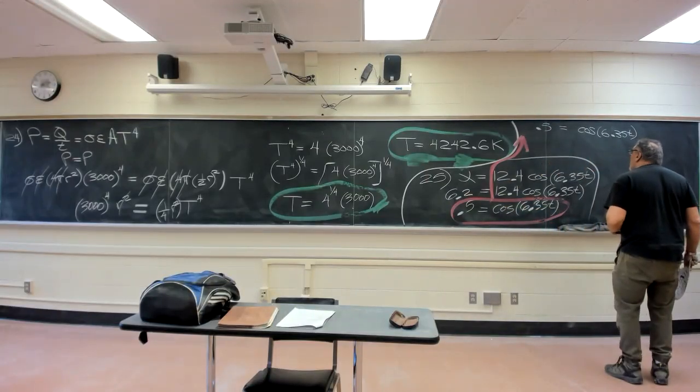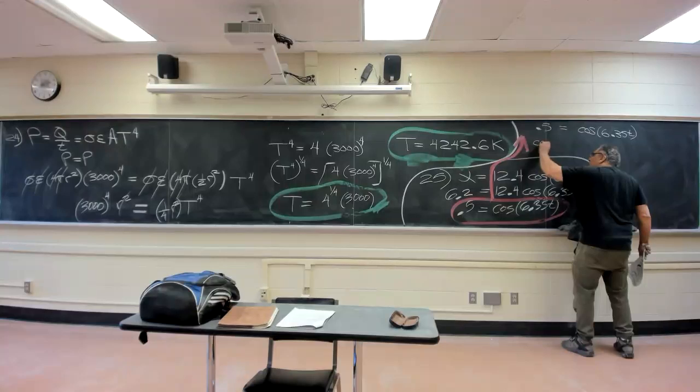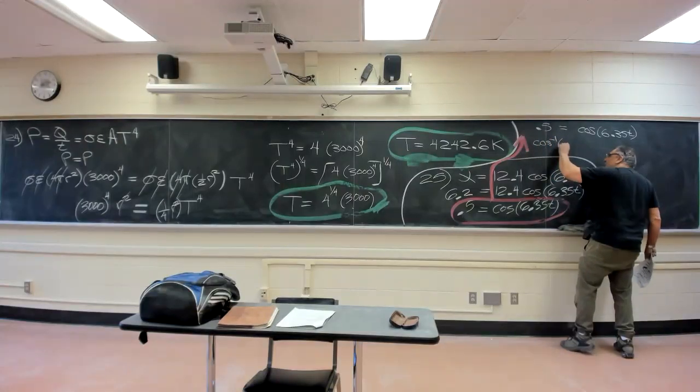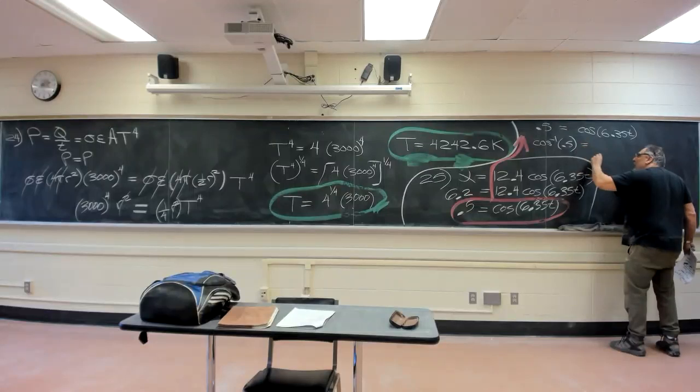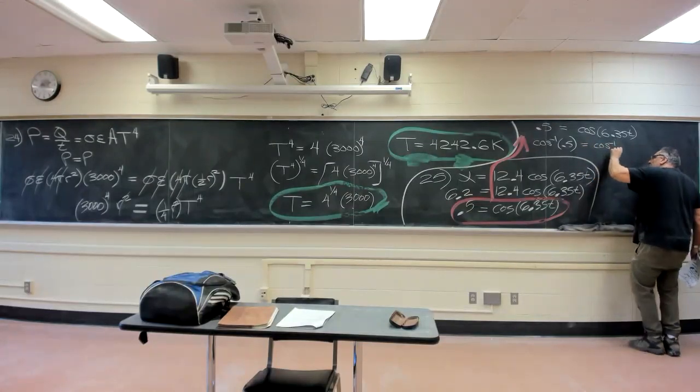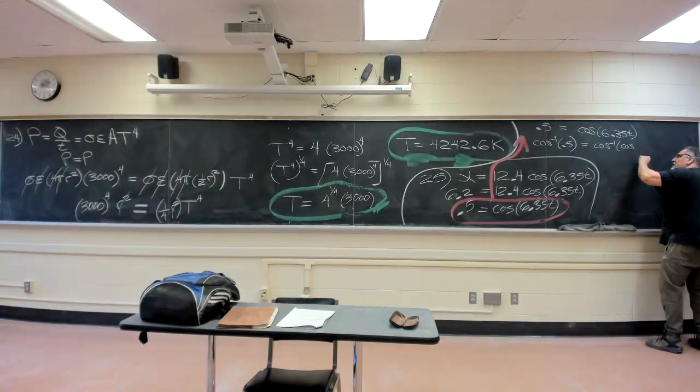And get the inverse cosine of 0.5 in radians, and get the inverse cosine of the cosine in radians. It's going to be in radians.